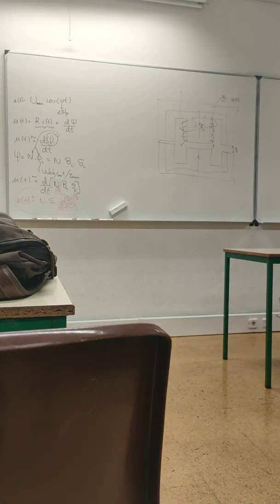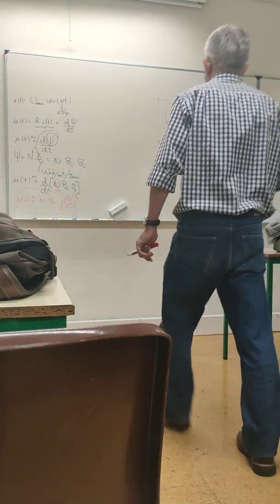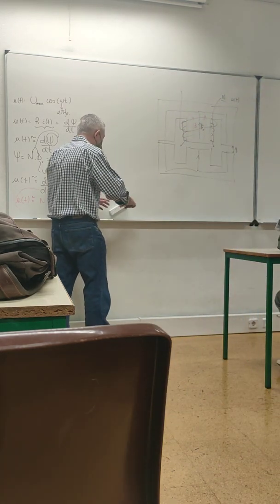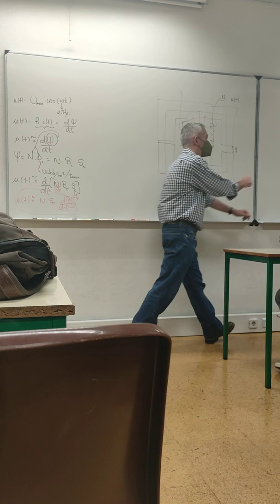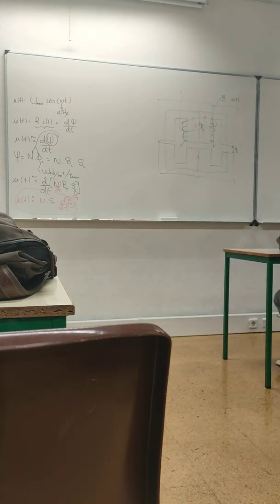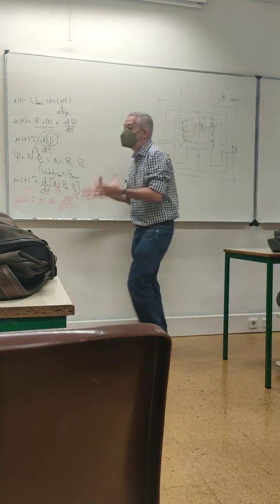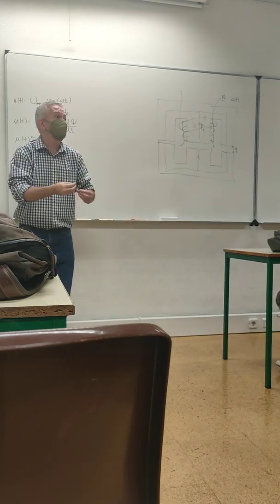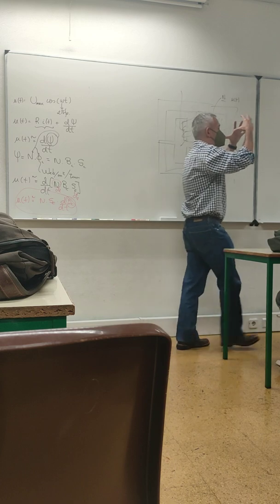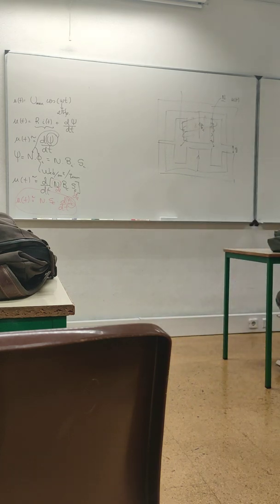Now, I'm taking advantage of that, and I have to ask about the core losses. Core losses means losses, heat, energy that is lost in the iron, in the core.